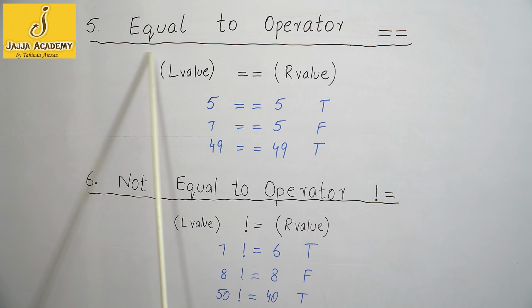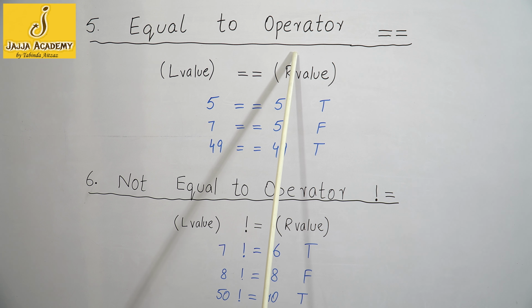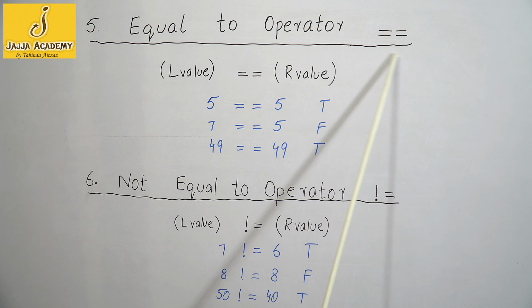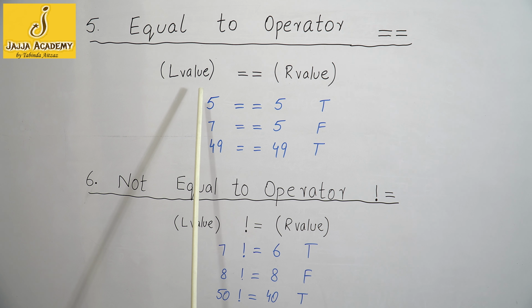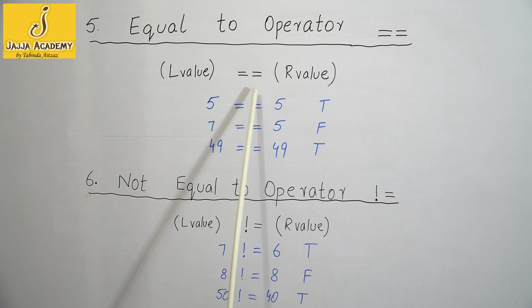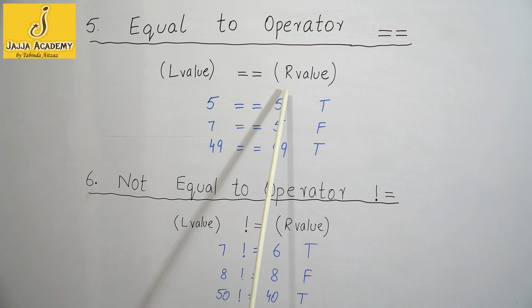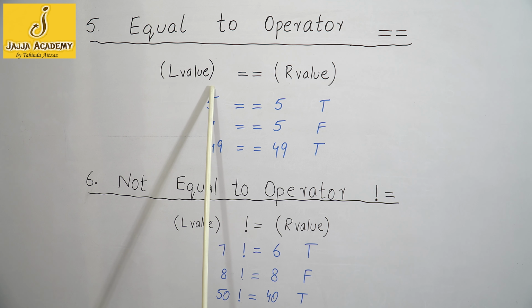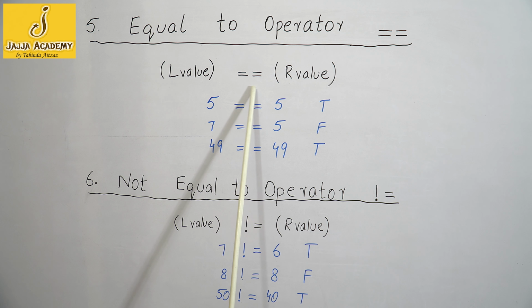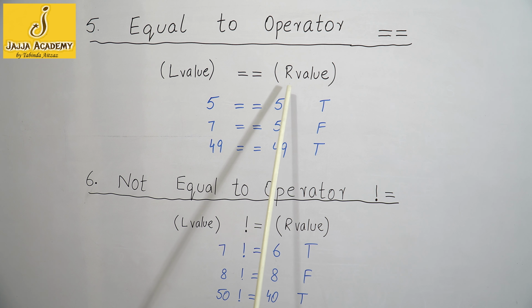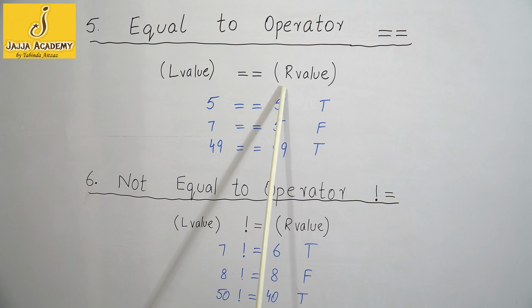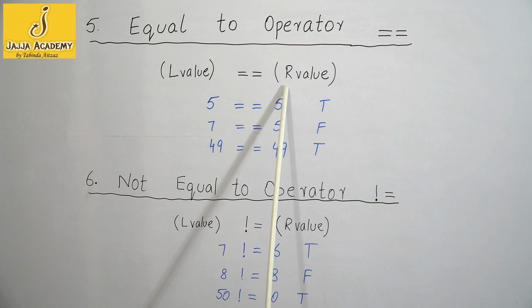Next relational operator is the equal to operator, which is represented by the double equal to sign. The left value should be equal to the right value. If the values on both sides of this operator are the same, then it will produce true, otherwise it will generate false.